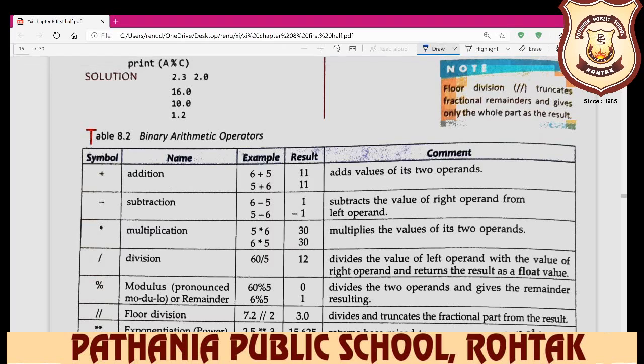Floor division: only your whole number will be displayed, and the fractional part is truncated from the result. And exponential power: for example, you write 2.5 double multiply 3, so 2.5 raised to power 3. These all are your binary arithmetic operators. Clear?